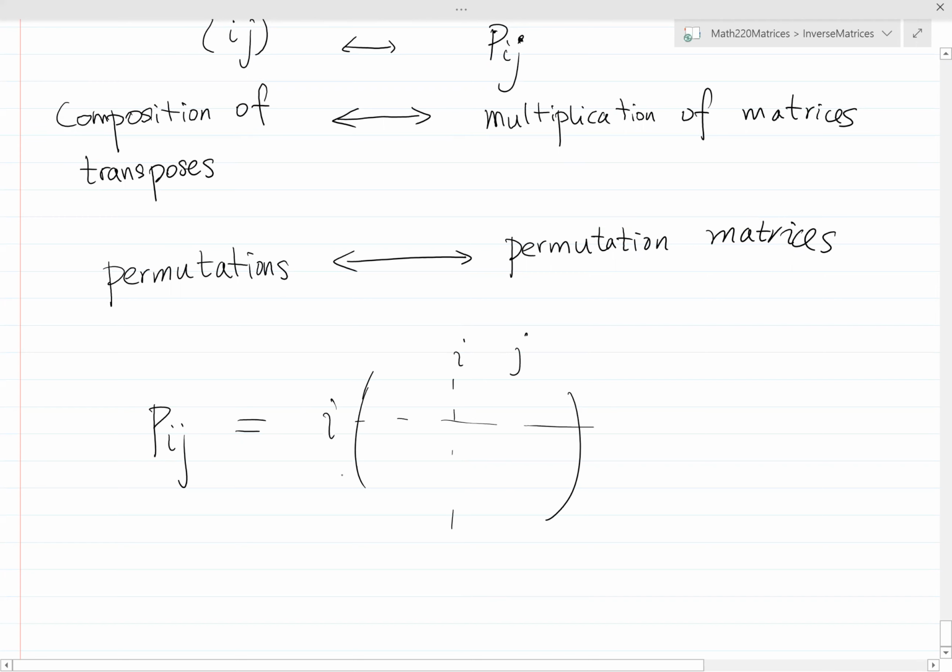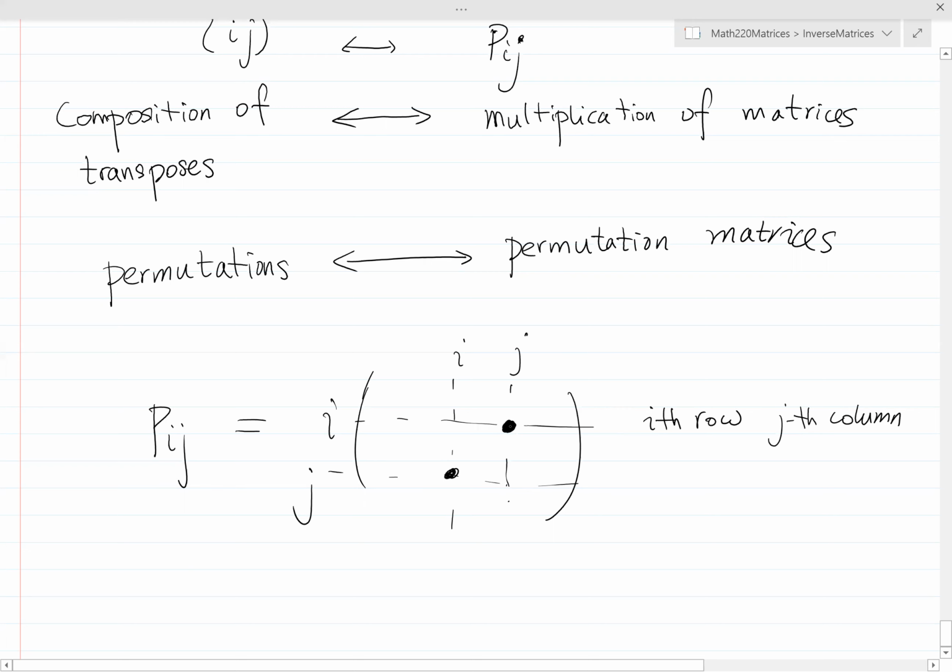Here you have i, and here you have j. This intersection is the i-th row, j-th column.